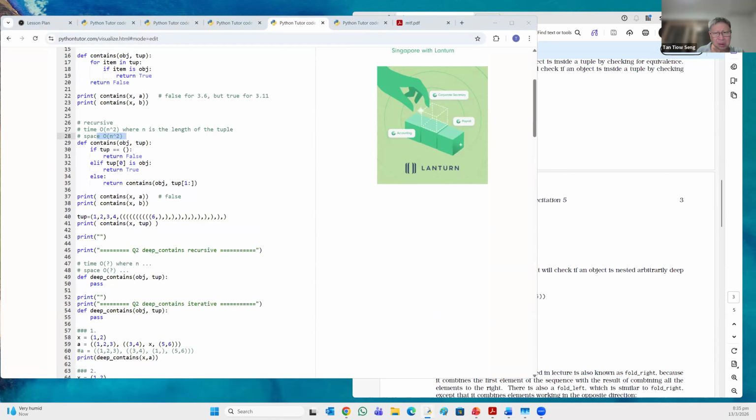Okay, so this is a recursive version. What about the iterative? Most of you gave me recursive.